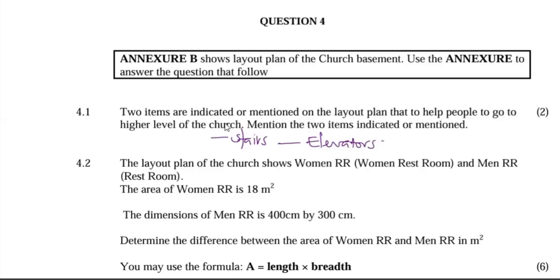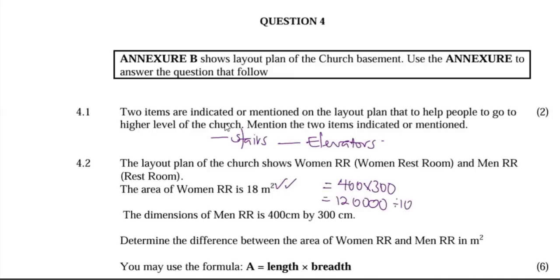The layout plan of the church shows the area of the women is this much, and the dimensions for the men are that much. Determine the difference. So this is going to be 400 times 300, which will become 12. Oh, these are centimeters.